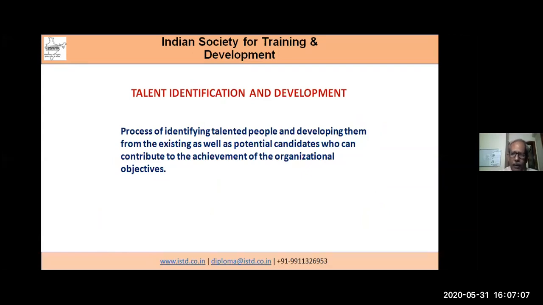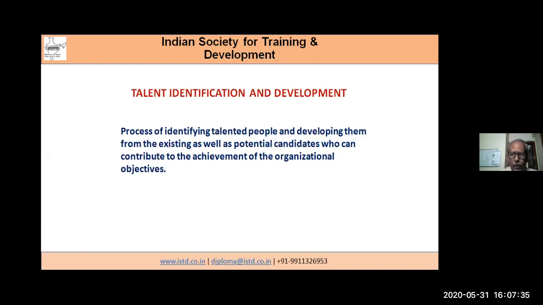If you remember, talent was defined initially. Talent is a special skill and ability of any person, a special gift within a person, but the most practical definition is that that skill or capability should be able to contribute to the organizational performance. If it contributes to the organizational performance, then we'll consider it as a talent.